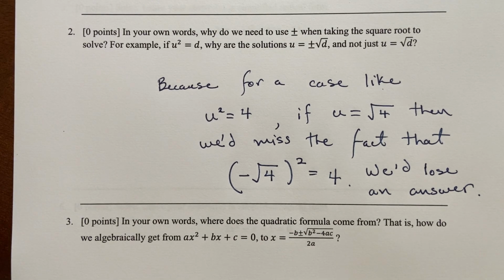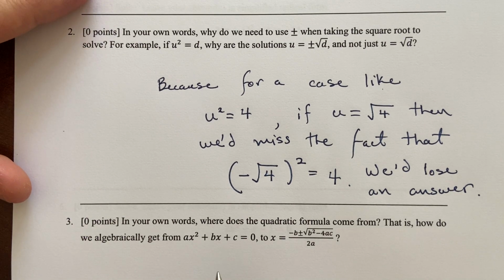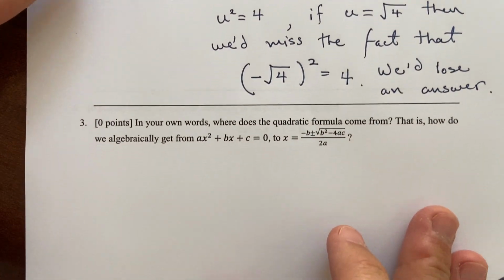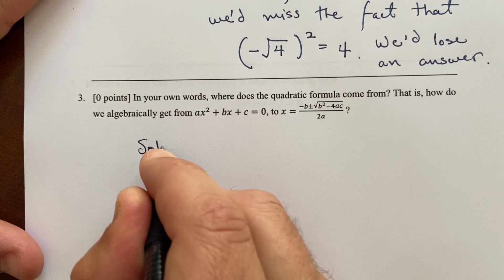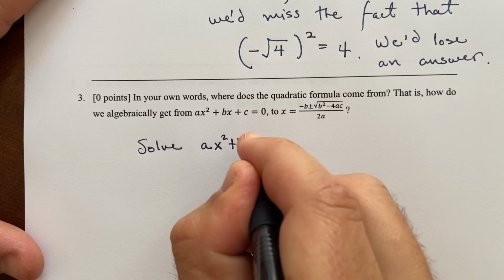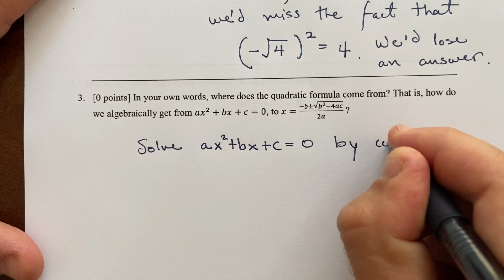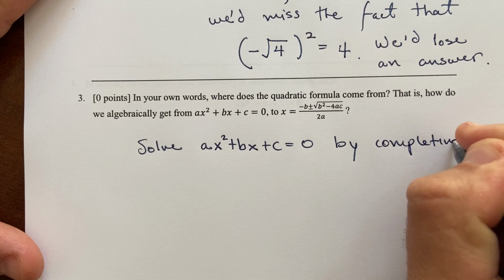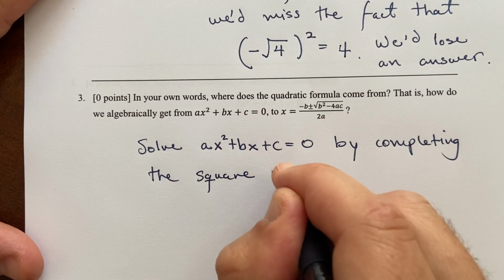Number 3, it's saying, in your own words, where does the quadratic formula come from? That is, how do we algebraically get from this equation to this formula that solves this equation? So what we do is we solve ax squared plus bx plus c equals 0 by completing the square, in general.